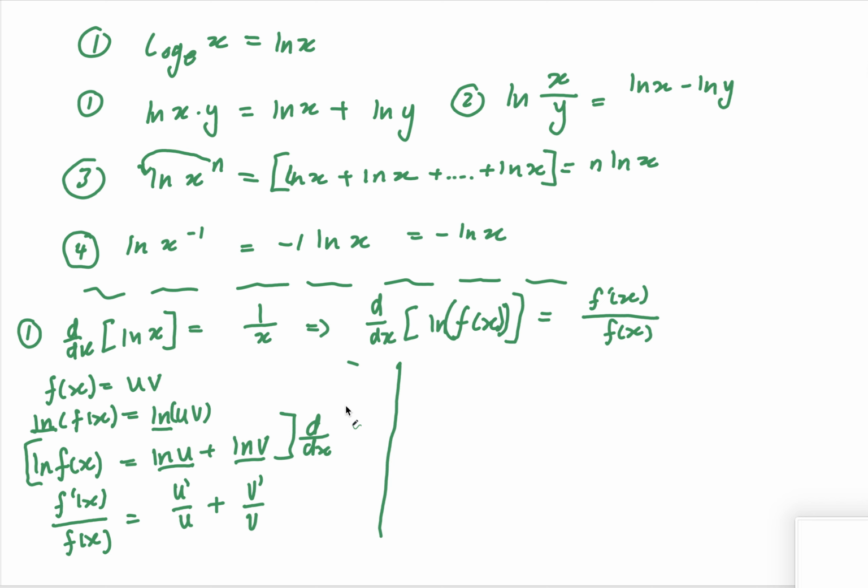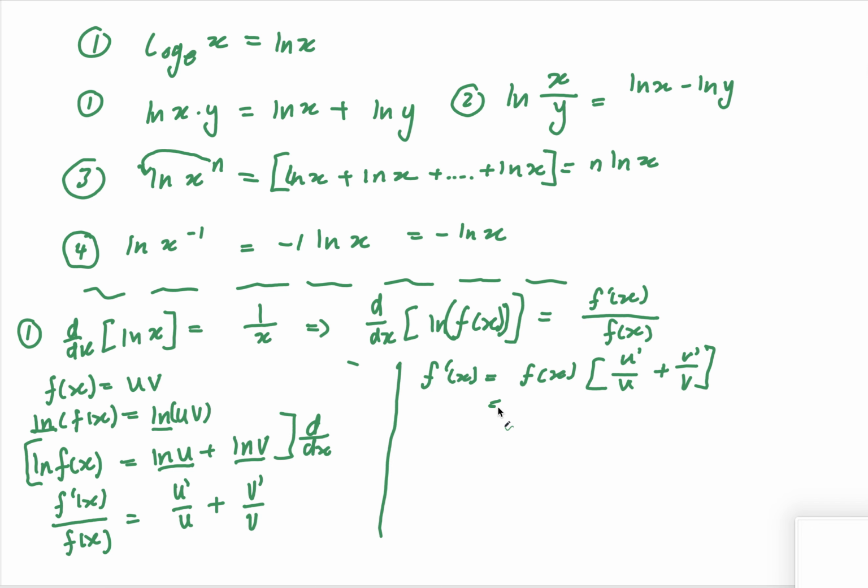And now on this side we make f prime the subject, so f prime of x equates to the original function times u prime over u plus v prime over v.